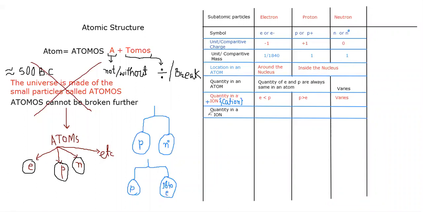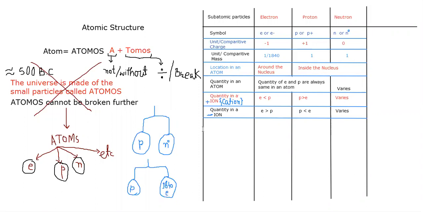In a positive ion, electron quantity is always less than proton. But in case of a negative ion, what will you consider? Electron is greater than proton. Proton is less than electron, and neutron varies.